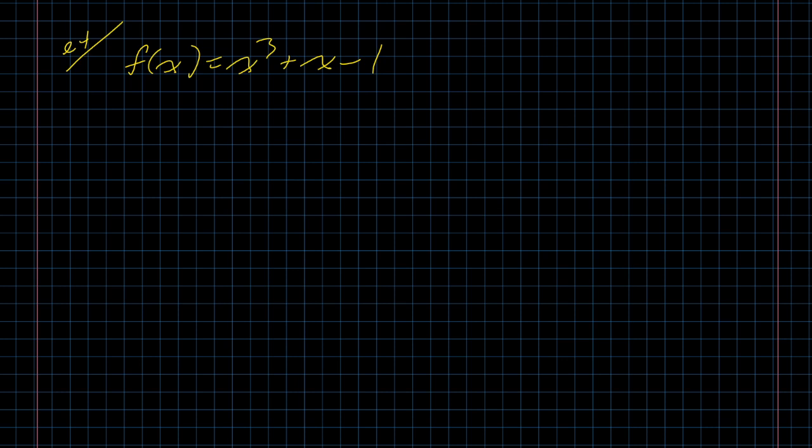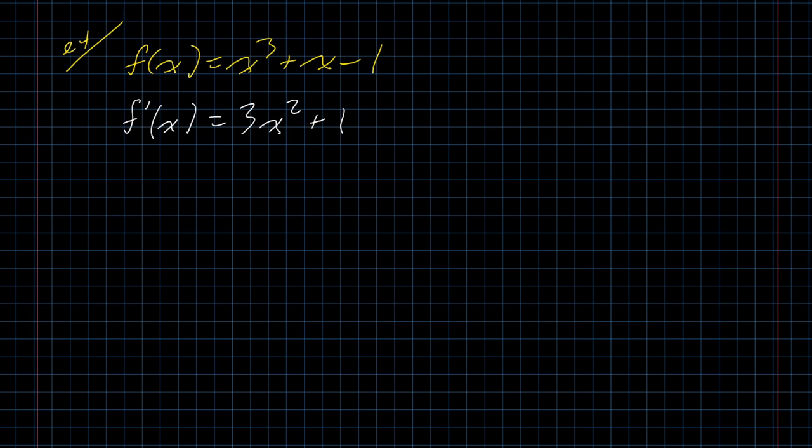And the tool that I have, the only tool that I have, is a special case. Every monotone function is one-to-one. Not every one-to-one function is monotone. But I can check to see if the function is monotone by taking its derivative. The derivative here is going to be 3x squared plus 1.